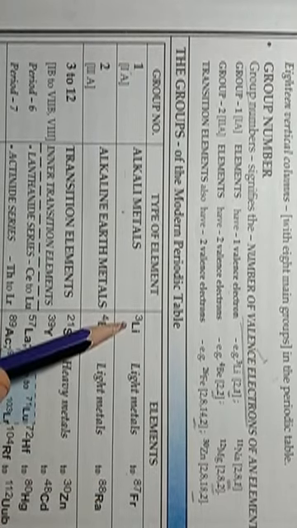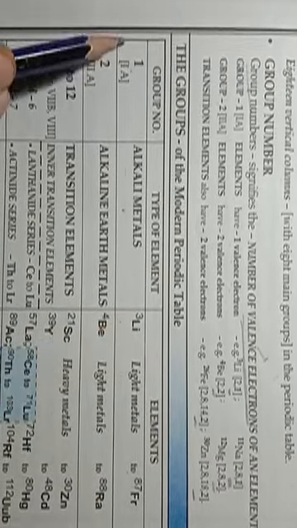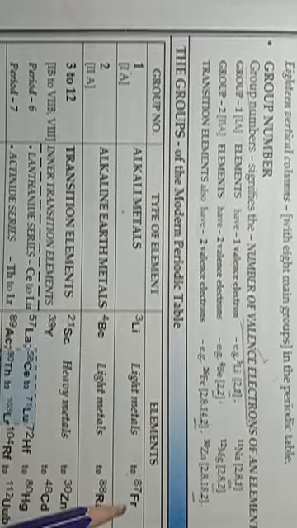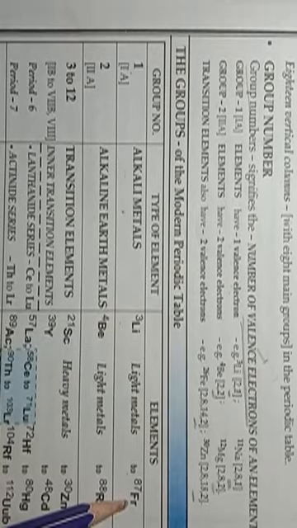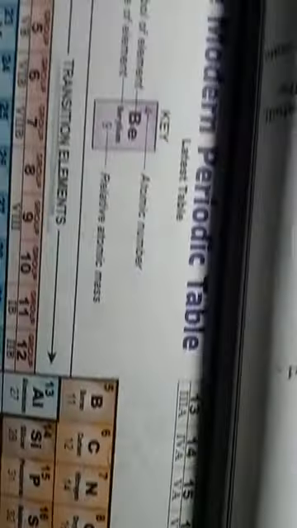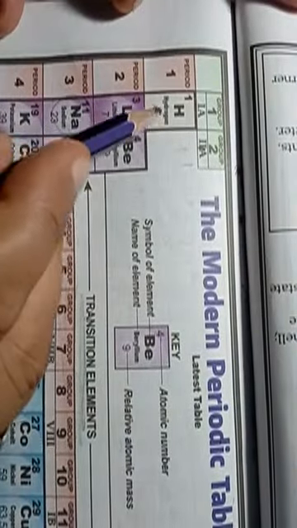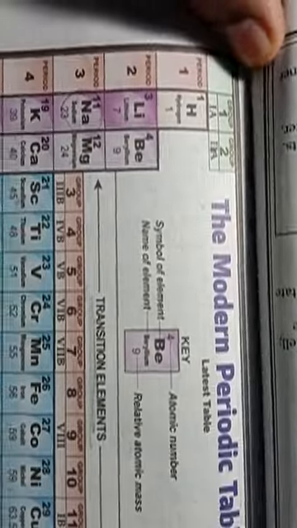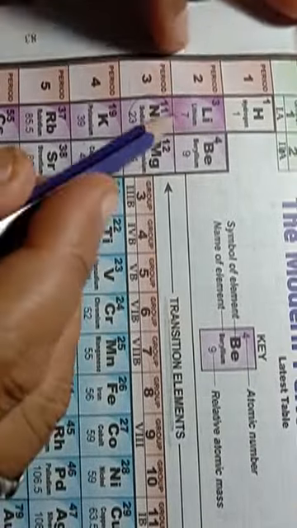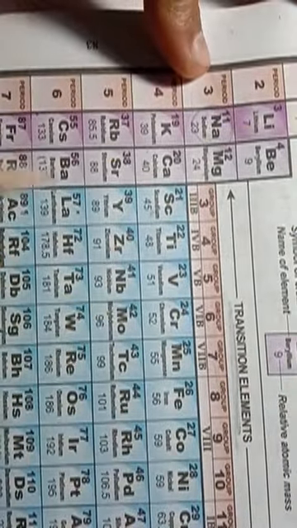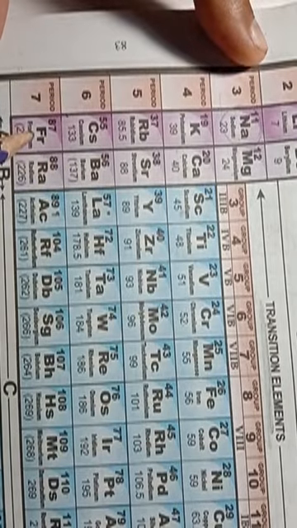The first element of the first group is lithium and the last element is francium.